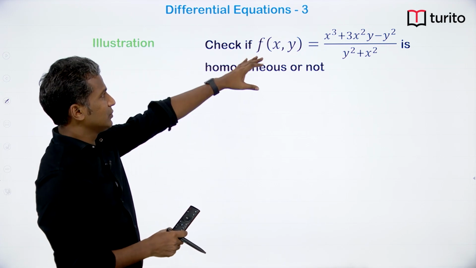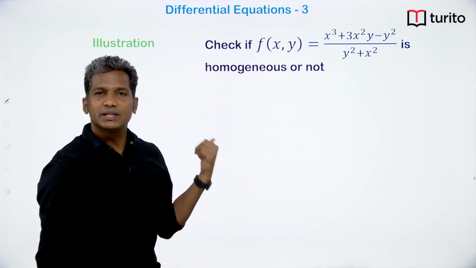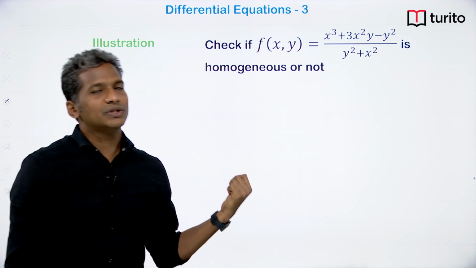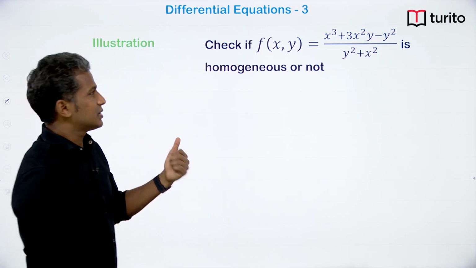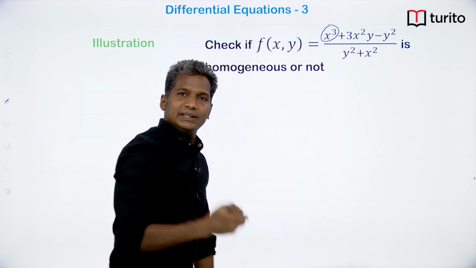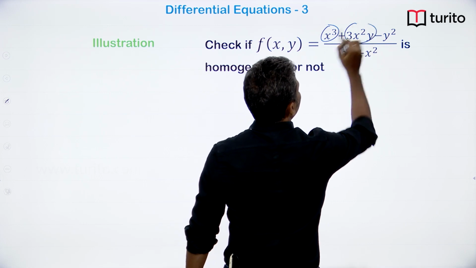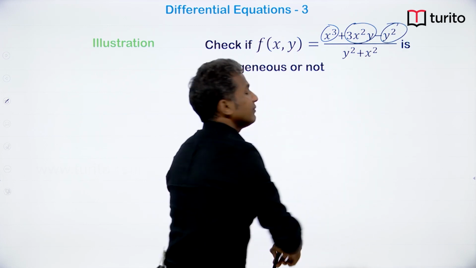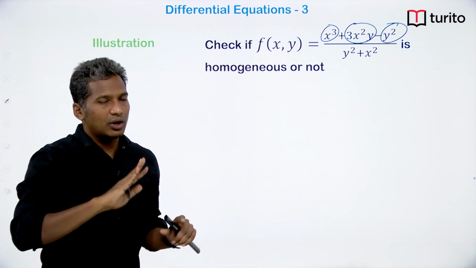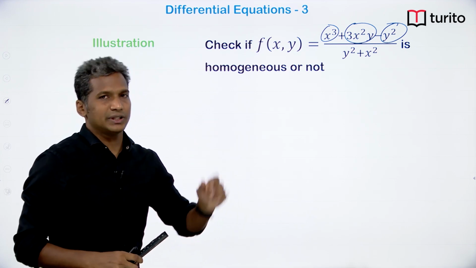Okay. Now, let us look at another example. Here, tell me if this is a homogeneous expression or not. This is of course not a homogeneous expression. Why? Because if you notice, this has degree 3, this has degree 3, and this is not having degree 3, that has degree 2. So, uniform degree is not maintained, so it is not homogeneous.